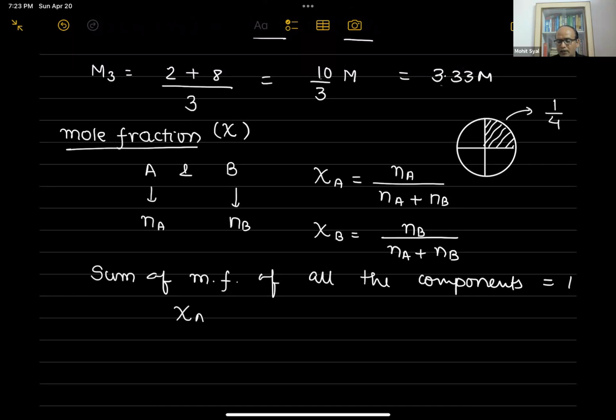So mole fraction of A plus mole fraction of B. This is just a binary solution, so we are adding the mole fractions of both of them. That will be equal to 1.